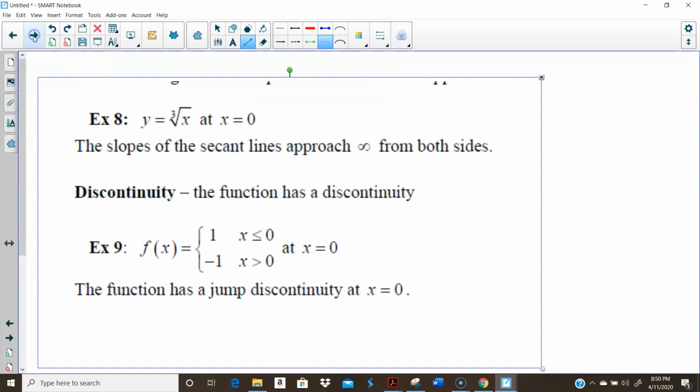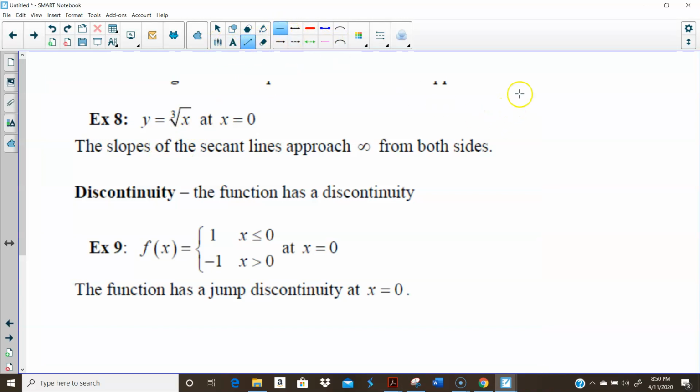Okay, let's look at the next example. Example 8, y equals the cubed root of x. Just a reminder of what this graph looks like. I'm just trying to sketch these really quickly, but our cube root graph looks something like this.